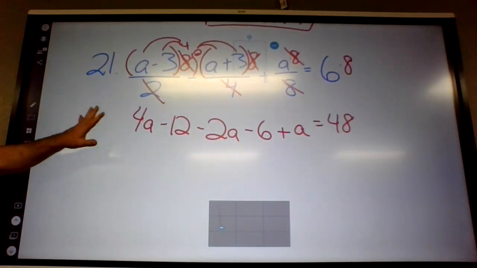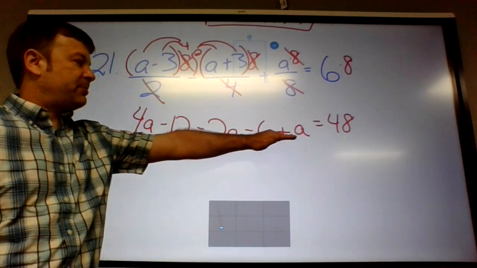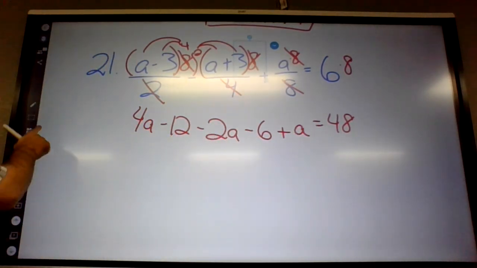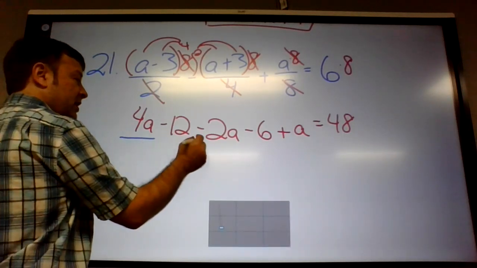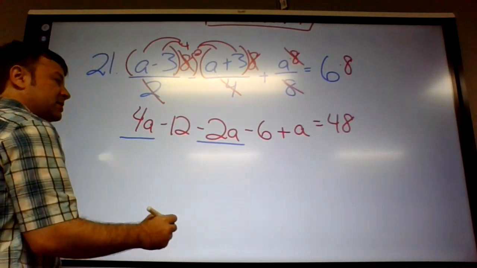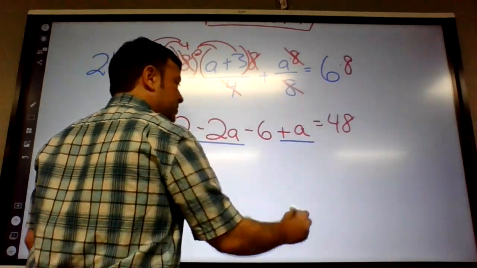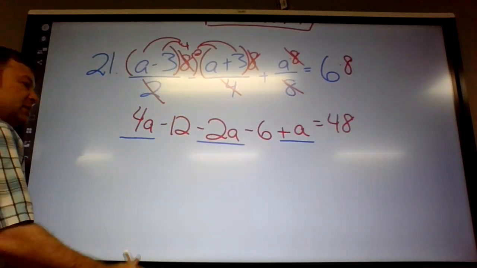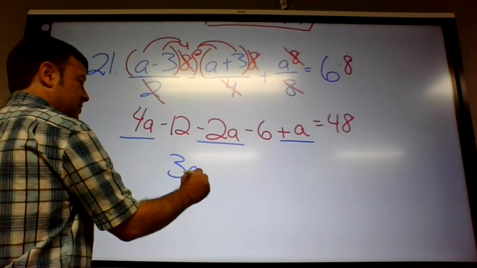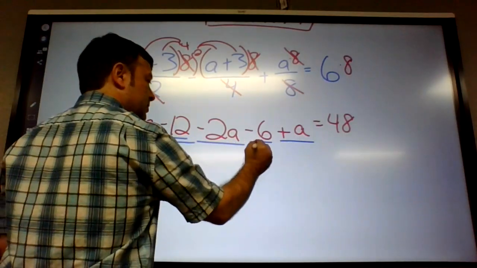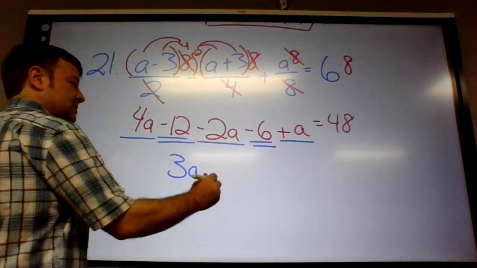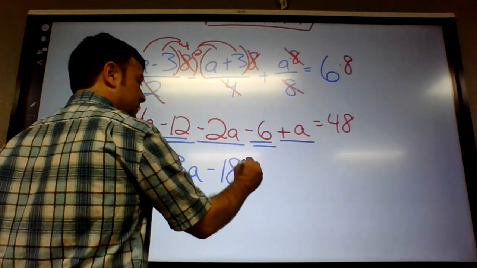All right, look at this big old mess. How can I clean this up over here? Combine like terms. Let's go back to blue. 4a minus 2a is 2a plus 1a is 3a. Negative 12 minus 6 is 18.